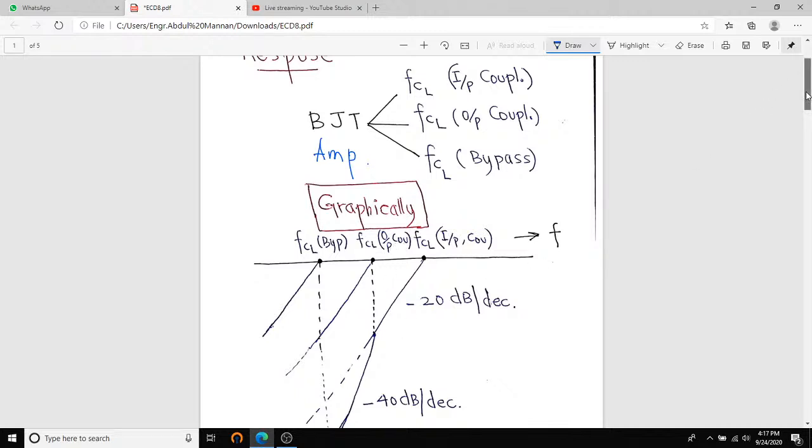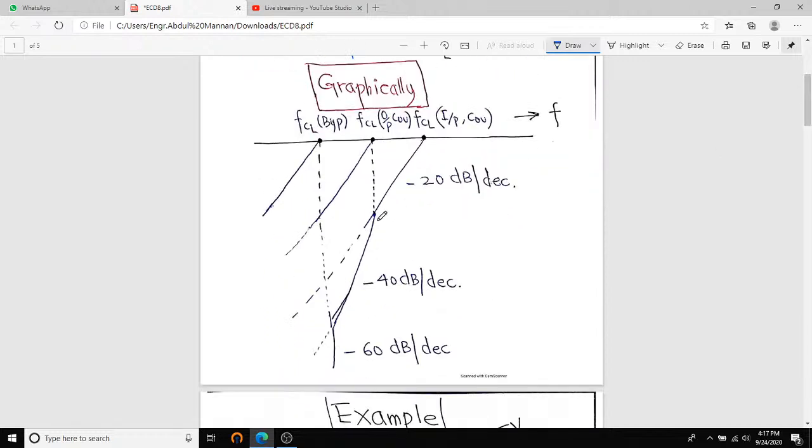Now we have two capacitors, therefore the decrease is now minus 40 dBs per decade, and as the frequencies keep on decreasing and we get FCL due to bypass capacitor, the overall decay is then minus 60 dBs per decade.